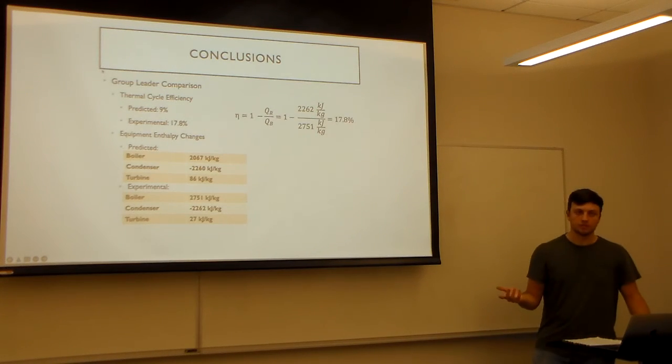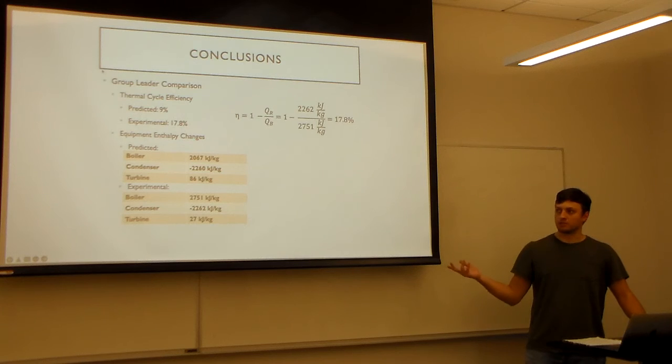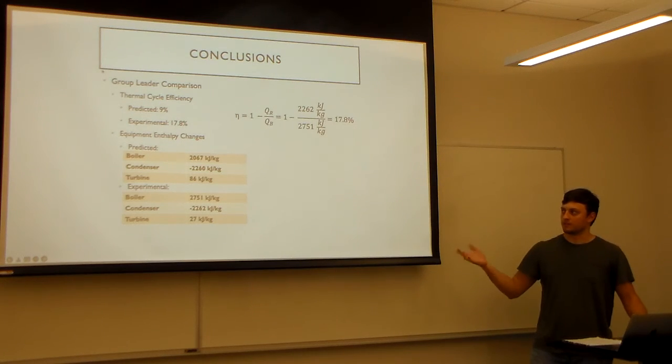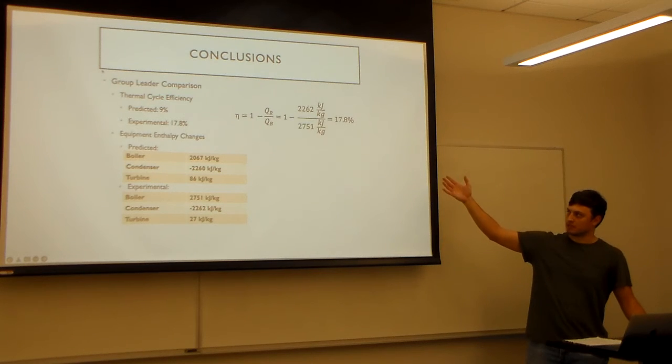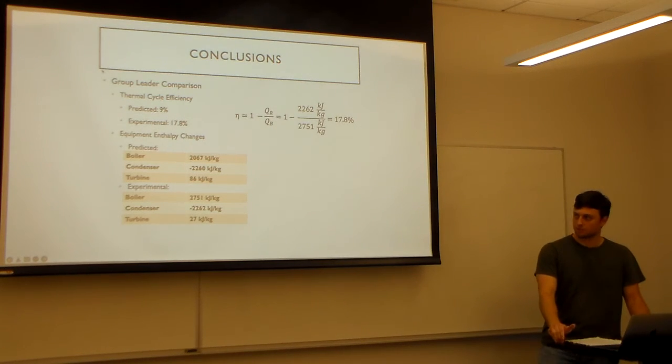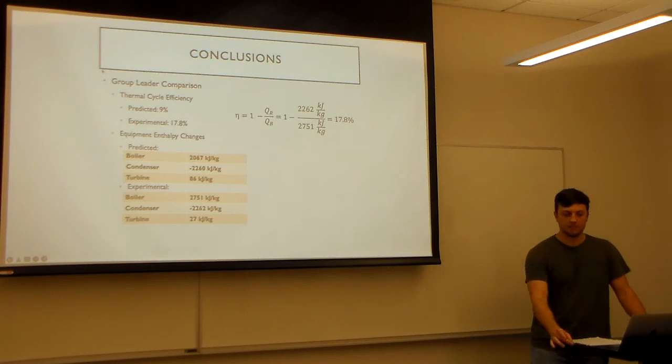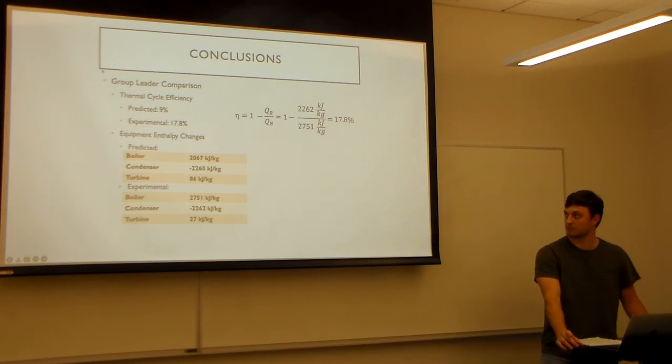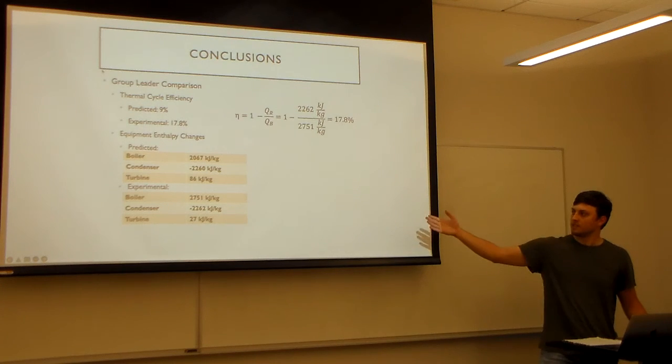And so in conclusion, what I found was that the prediction for the efficiency for the entire system would be somewhere around 9%. I found it to be, based on this calculation, closer to 18%, which could be attributed to some of the losses and problems coming in the turbine, and so there's more heat that needs to be rejected in the condenser, and then the different enthalpy changes across the piece of equipment.